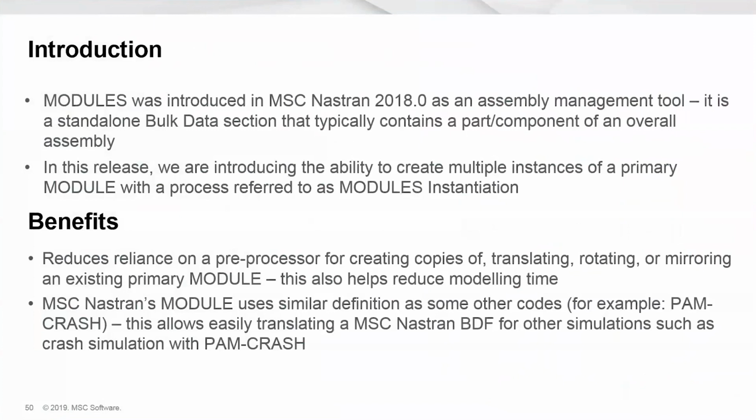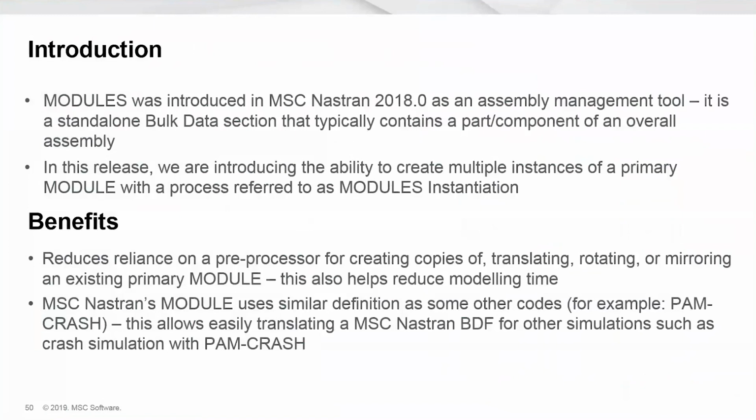The benefit is it reduces reliance on a preprocessor. If you receive a bulk data file from another group or a supplier, and they're identical, you only need one of the bulk data files, and you can easily create mirrors or copies of the previous one without having to load the bulk data file in a preprocessor.